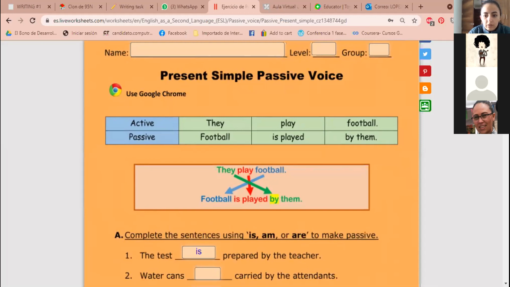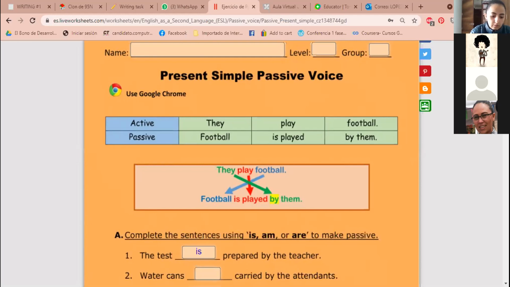Ok, just give me a second and I send you to the WhatsApp group. En el chat de Zoom ya tienen el link. Y ya les envío ahorita también al WhatsApp. Teacher, disculpe, lo del Padlet también tenemos que subir como evidencia. No, solo lo del ejercicio de ahorita. Ya, teacher, gracias.